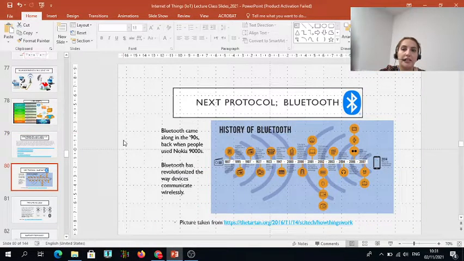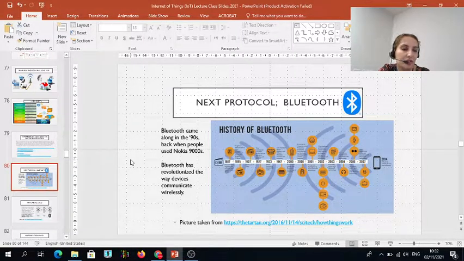Okay, the next protocol that we are going to look at is Bluetooth. Again, another popular technology that many people are using, and many gadgets are using Bluetooth connectivity. Many people have things that are connected with Bluetooth.